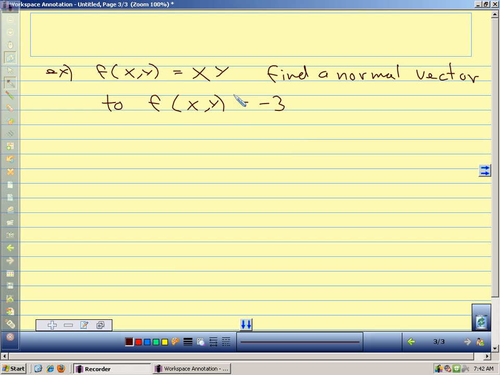What we're looking at is the level curve of this function, and our constant is -3. We have xy equals -3, so we want to find a normal vector to this level curve at the point -1, 3.